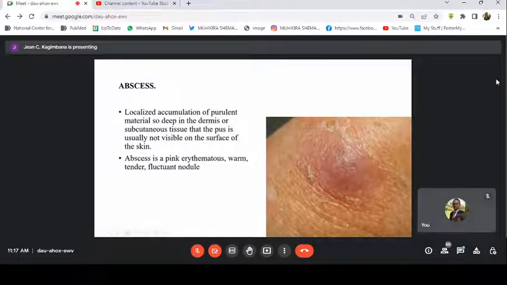You have a slight elevation, while deeper, it's big. It's warm on touch. You have to touch to see if it's warm or tender when you touch.